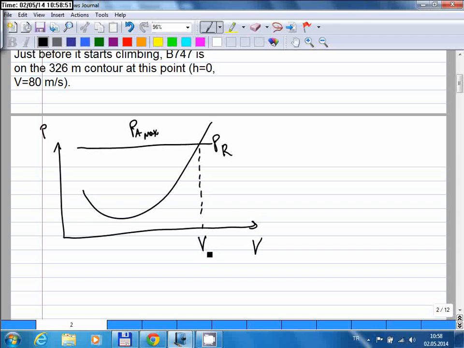So this is the maximum speed at this altitude, and the minimum speed will either be determined by the stall speed. Let's say this is the stall speed, or if stall speed is really low, then the minimum speed can be limited by the power. So this is V min due to power.